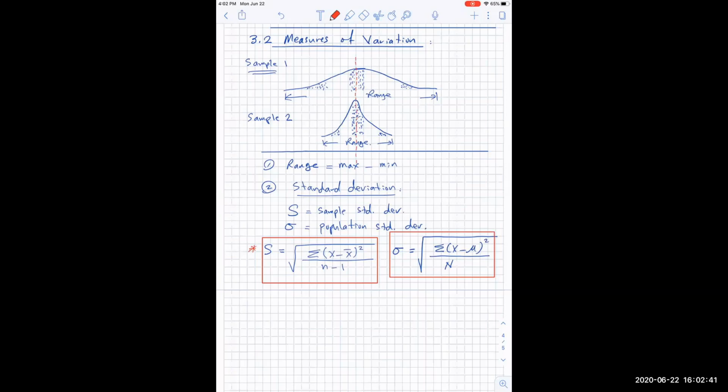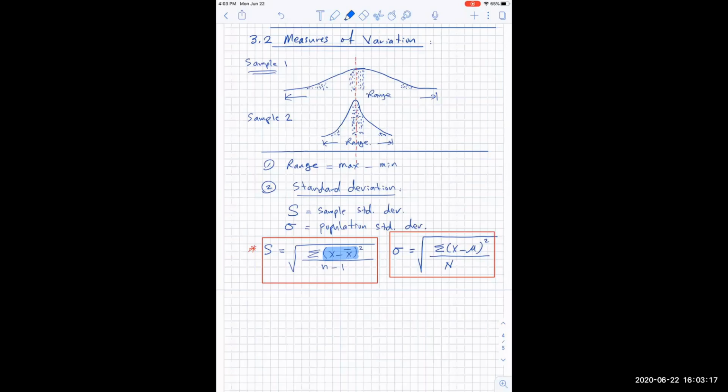Okay. And let me try to explain what this formula says. Guys, if you look at this part here inside the square root, this means the difference between a data value and the sample mean. You are finding all of these differences between each data value and the center.